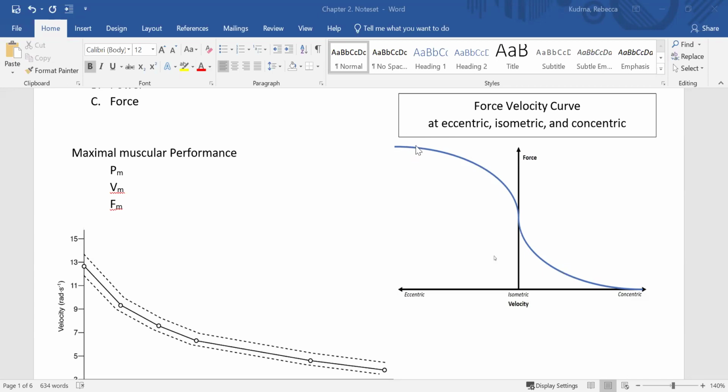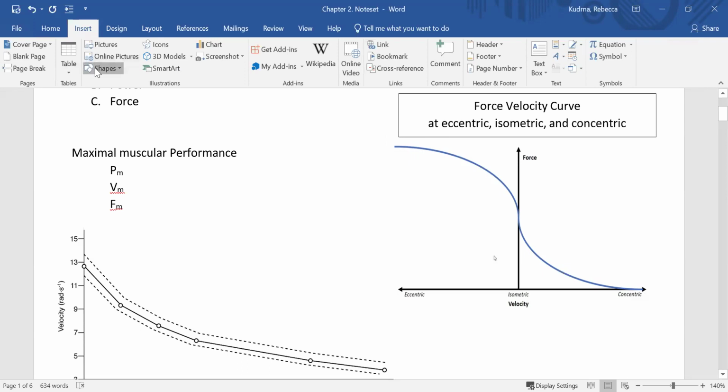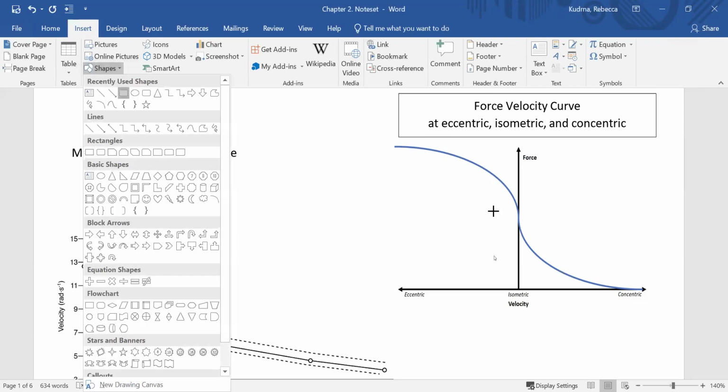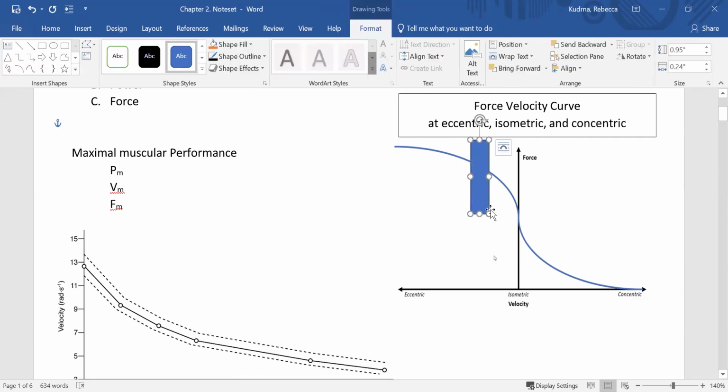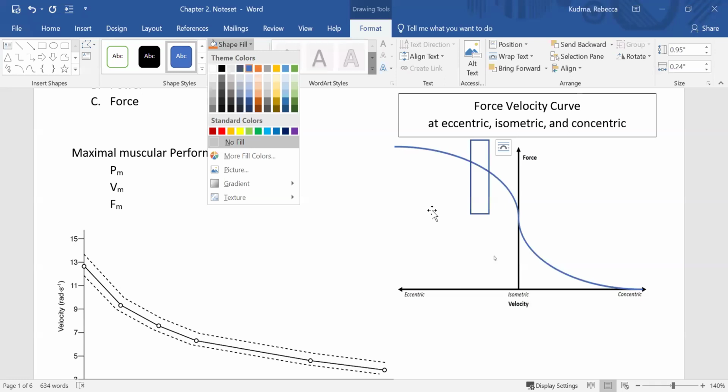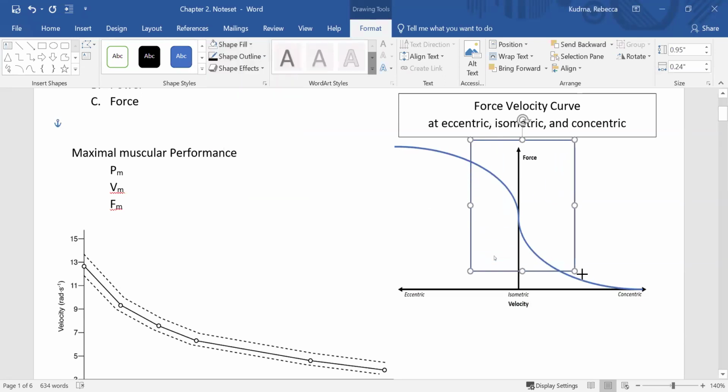And so really, in terms of training, let me get a drawing tool here. In terms of training, even if you're doing eccentric loading, you're going to train in this area, somewhere in there.